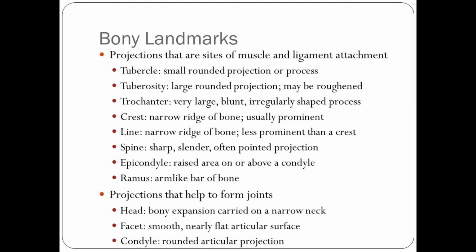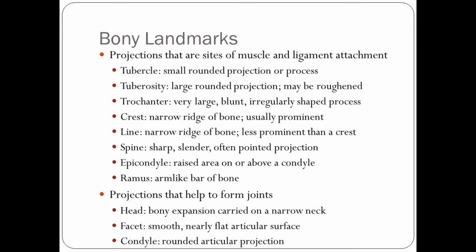What are processes that form joints? Well, we have a condyle, which is a rounded projection at the end of a bone that articulates with other bones to form a joint. An example is the medial and lateral condyles of the femur. There is a head, which is a rounded projection on top of the neck of a bone, such as the head of the femur.